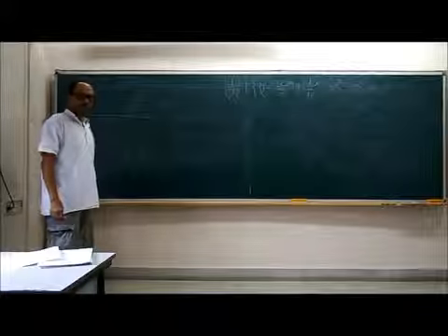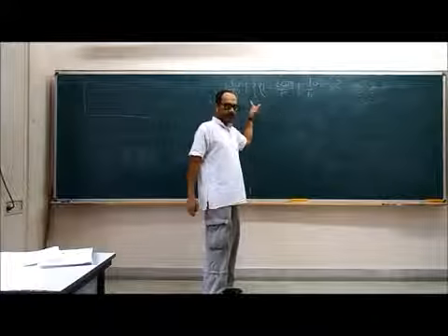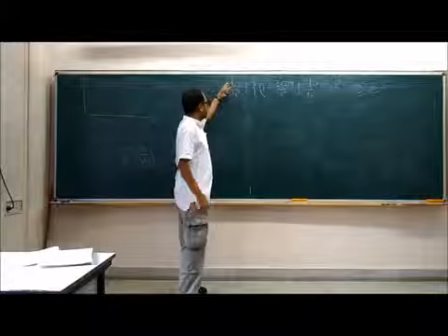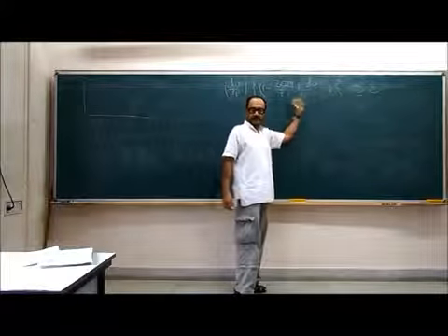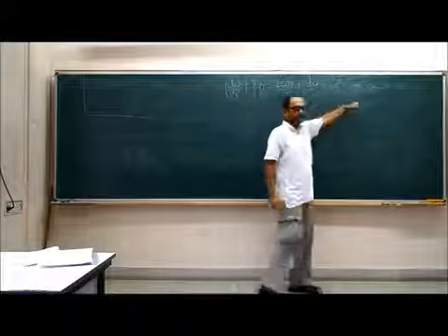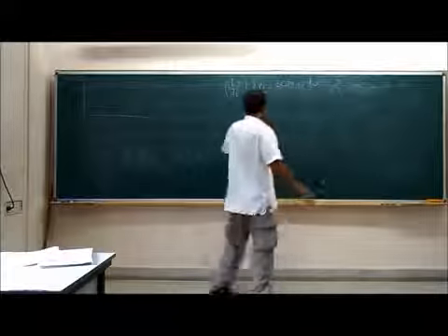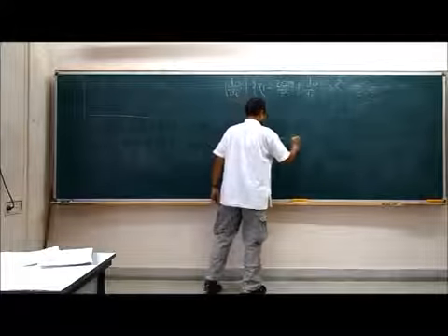Is this okay? First, let's draw the boundaries, then you will see which is the allowed region. The boundaries are when dv d rho is 0, and the other boundary is when this factor is 0, because that's where the inequality becomes equality. The dv d rho equal to 0 boundary is clear, it's the horizontal axis.